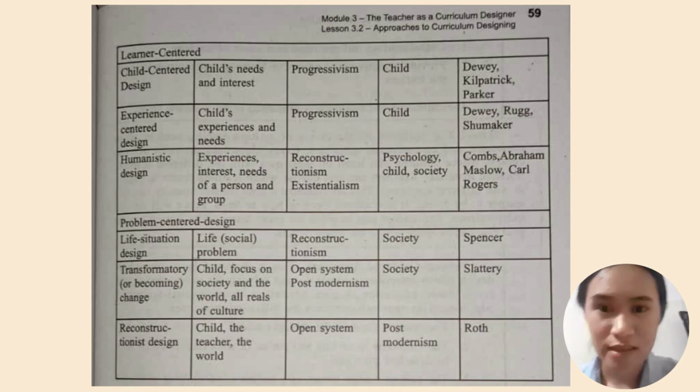Next is the table of the learner-centered and the problem-centered design, and their emphases and philosophy, and you can see that in this table. And for you to really understand, it is easy to understand what the purpose of this curriculum is.